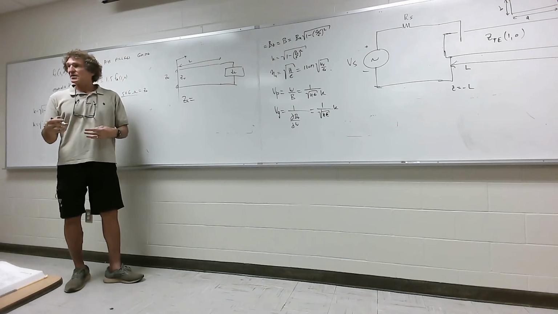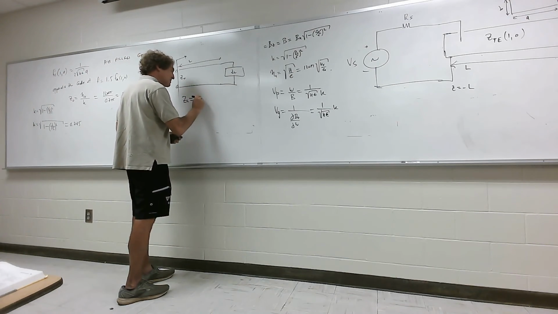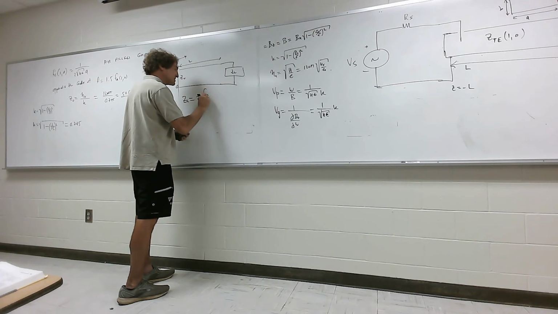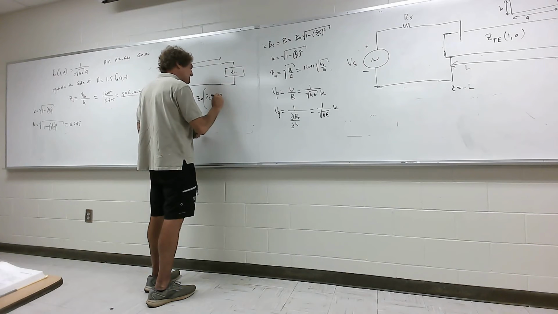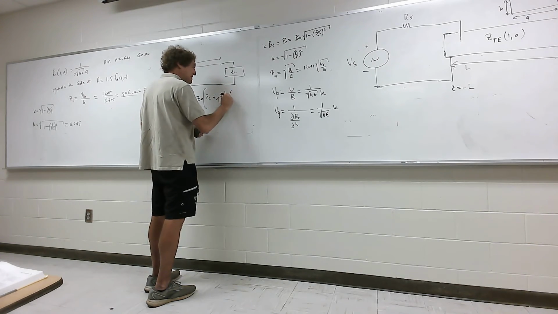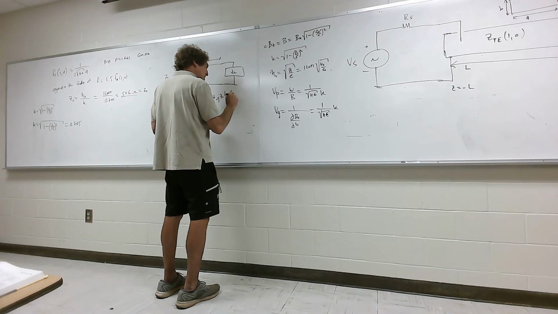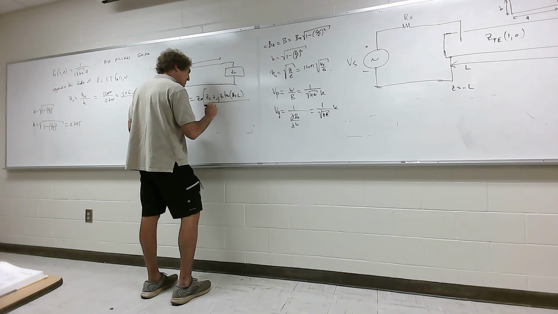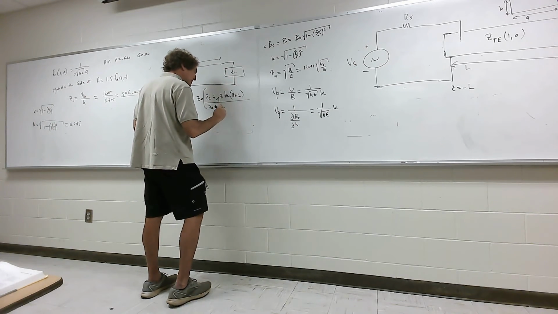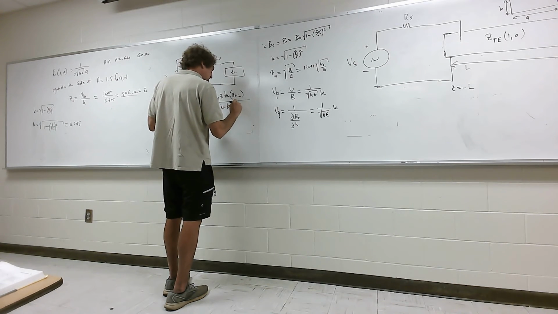Remember, this is the standard transmission line equation. Z in equals Z naught times (ZL plus j Z naught times the tangent of beta Z times L) over (Z naught plus j ZL times the tangent of beta Z times L). It's lossless.